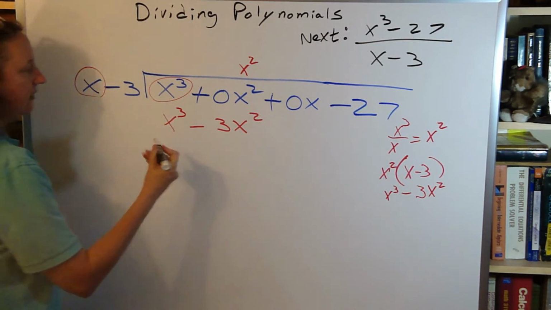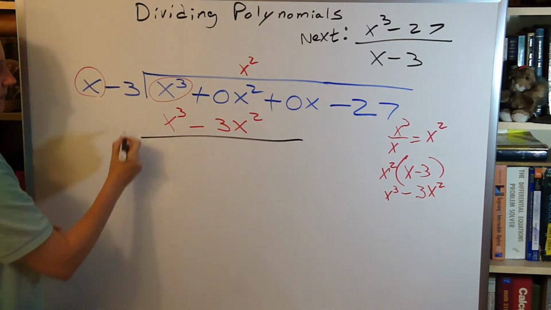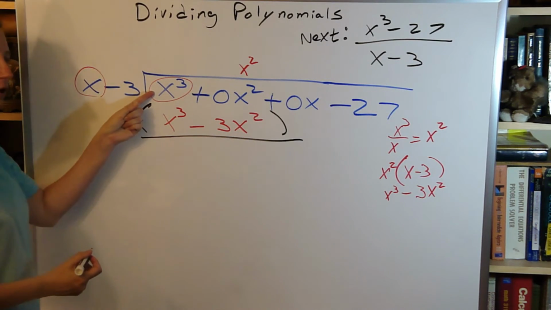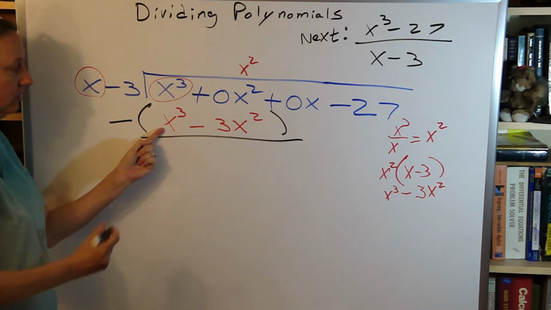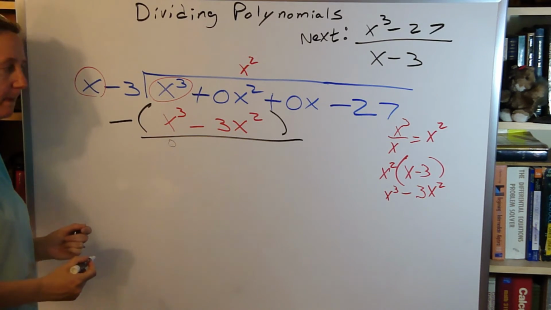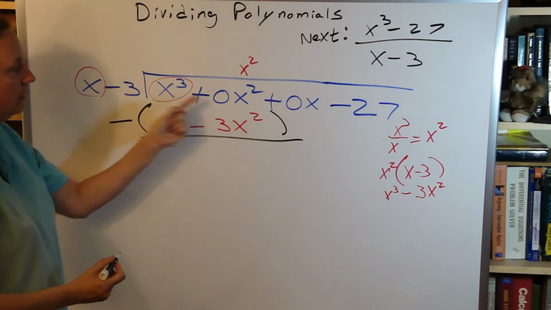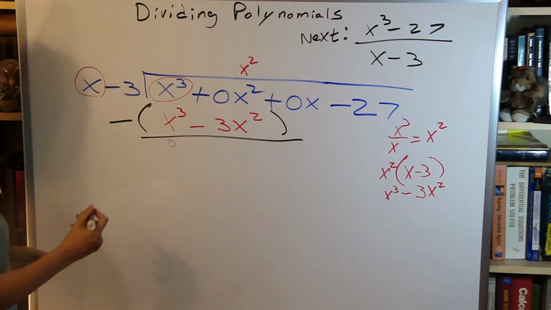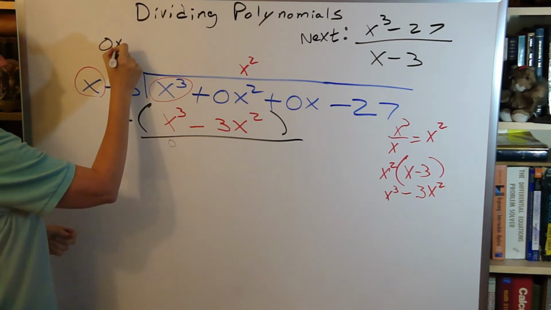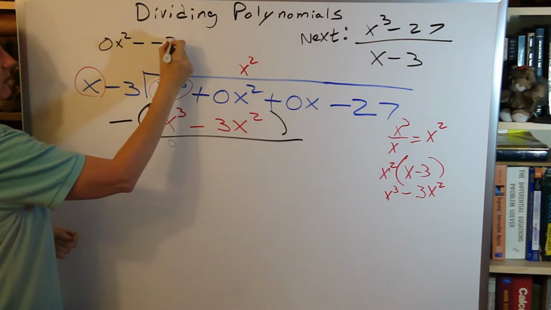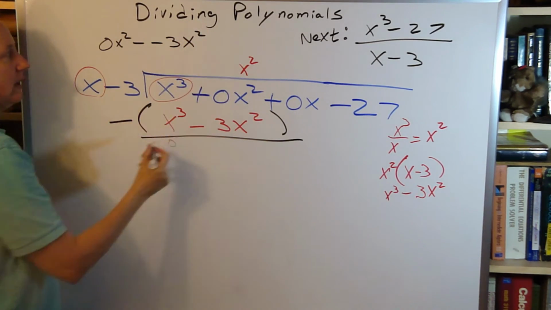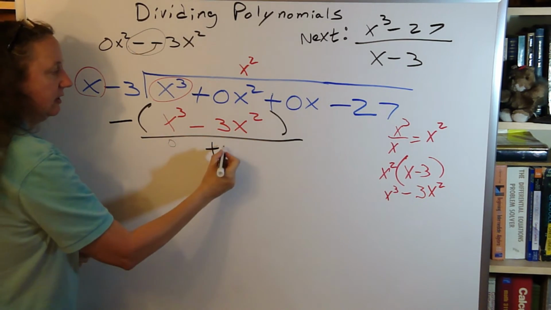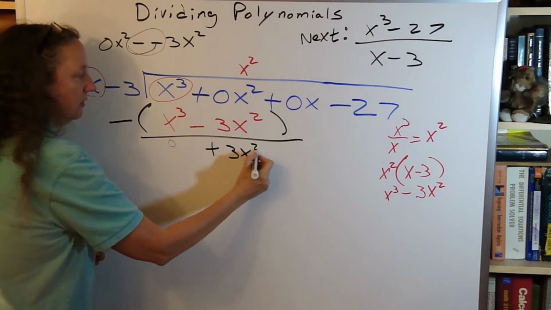I'm going to subtract this. So I have x cubed minus x cubed gives me 0. I have 0 minus negative 3x squared. So 0x squared minus negative 3x squared. I have that double negative there, so that's giving me a positive 3x squared.